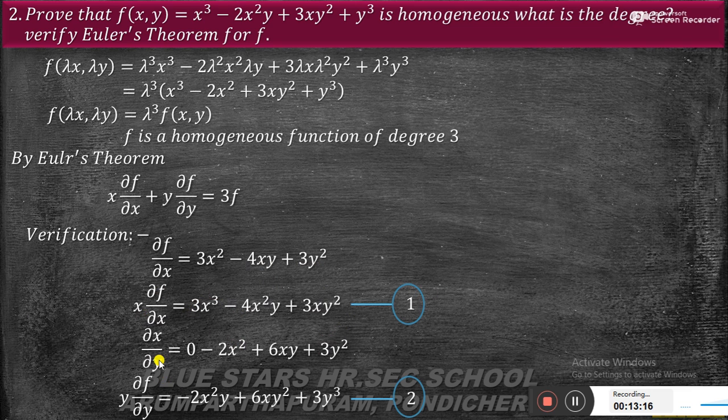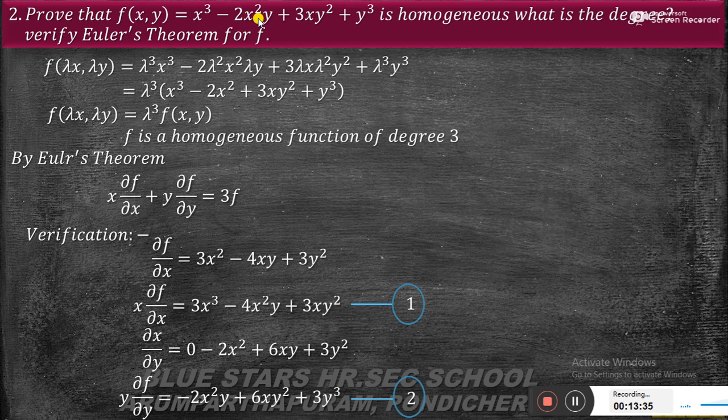Next I calculate ∂f/∂y, so we differentiate with respect to y. For the first term there is no y, so the differentiation is 0.